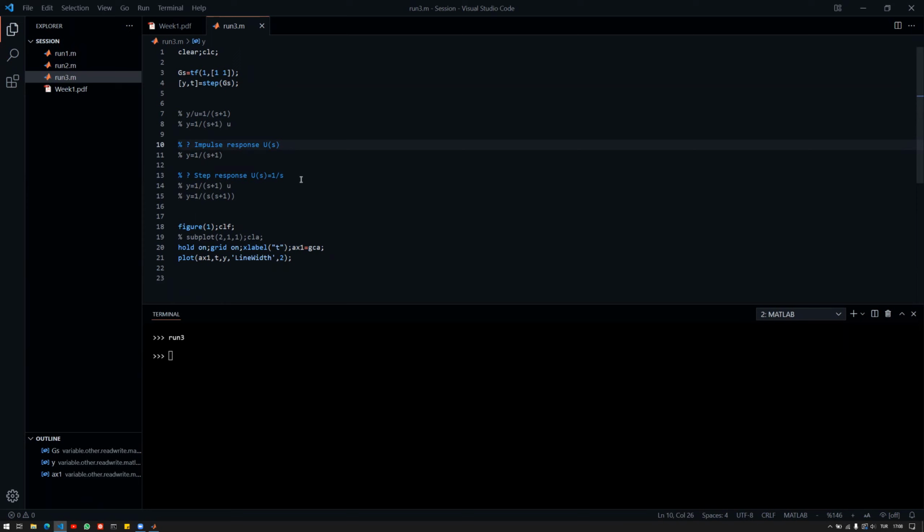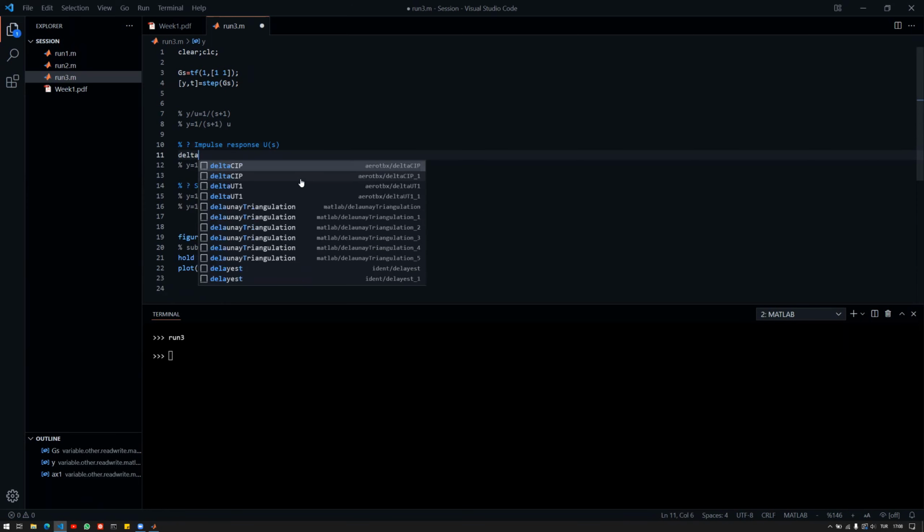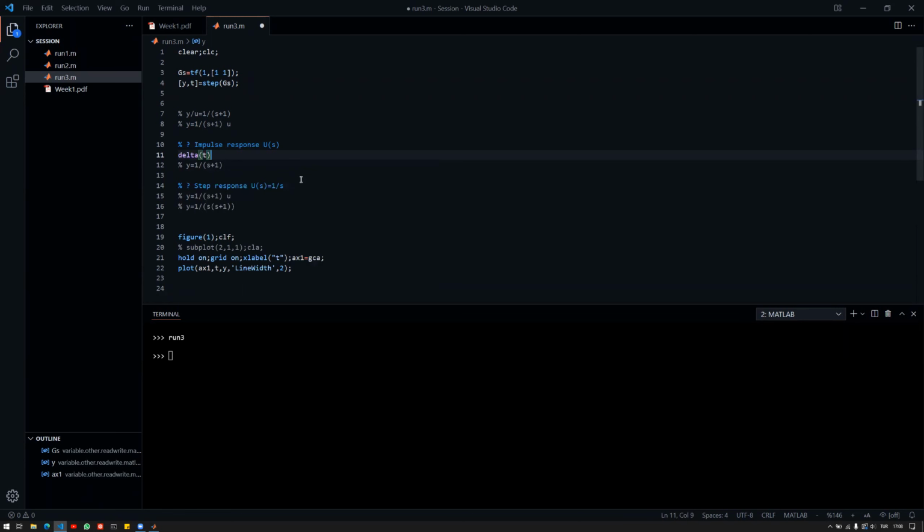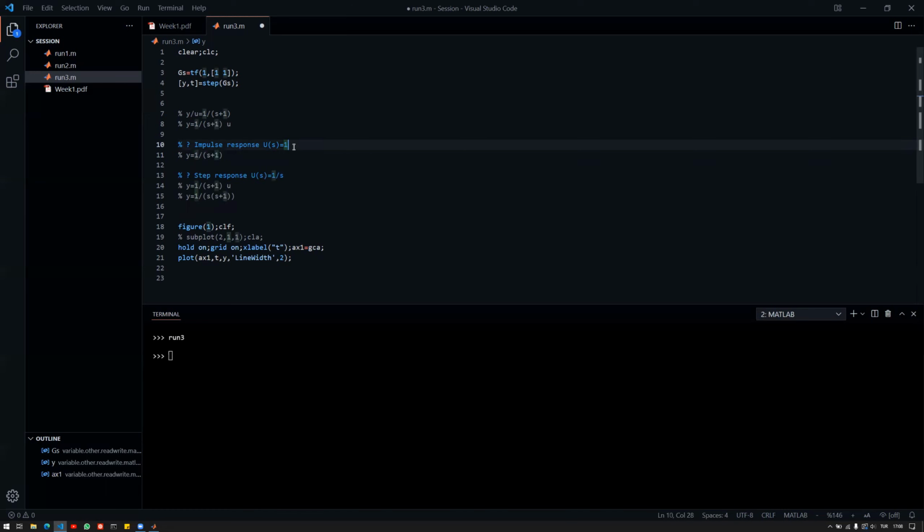Well, the Laplace transform of delta(t) is basically 1. So instead of plugging in 1 divided by s, I should plug in 1, because that's the Laplace transform of the unit impulse. This means that I should take the inverse Laplace of this.